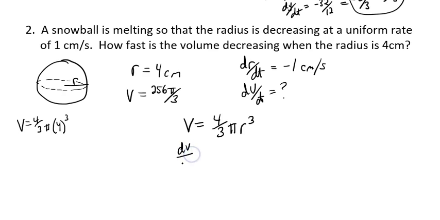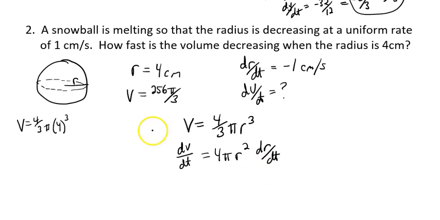Because we don't have a chain rule or a product rule or anything right there to make that more complicated. It's just one variable. And then on this side we have to remember that 4/3 pi is a number, so this is just a power rule. So if I multiply by 3, I get 4 pi r squared, doing that outside, and then the derivative of the inside, chain ruling it, is dr dt, or if you're using the primes, r prime.